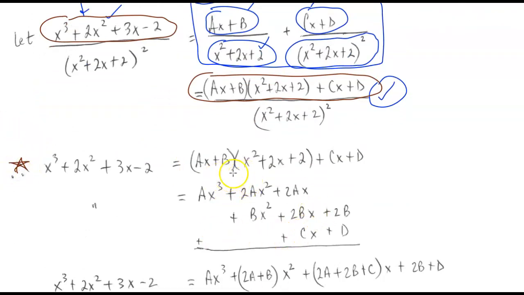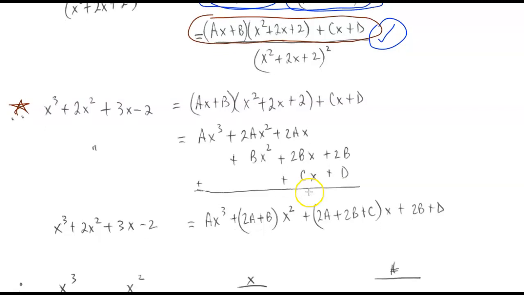And then from there we just need to multiply everything and combine like terms so that we know everything in terms of x cubed, x squared, x, and the constants.